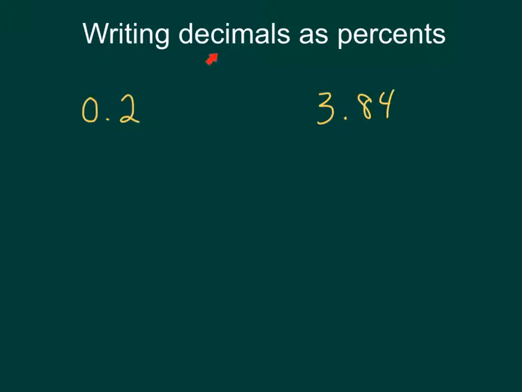When asked to write a decimal as a percent, remember I need to get my decimal into per 100. So 2 tenths in this case would be this. I want to get this into hundredths.